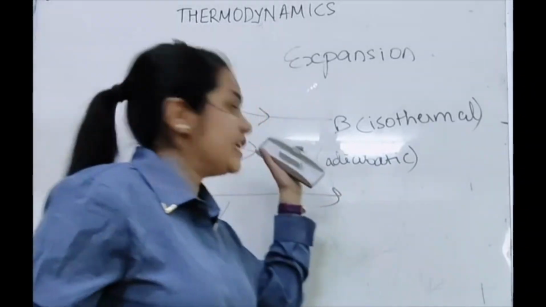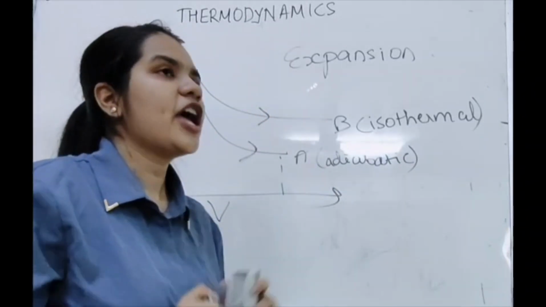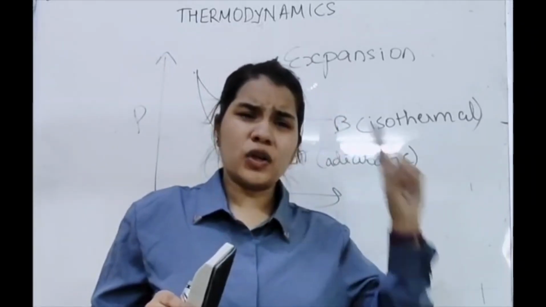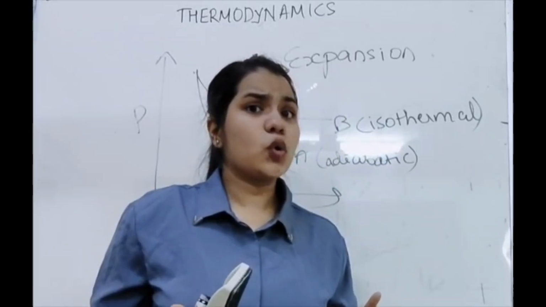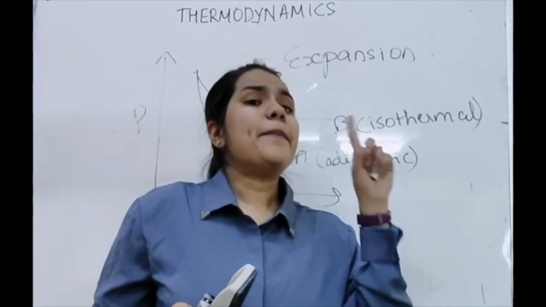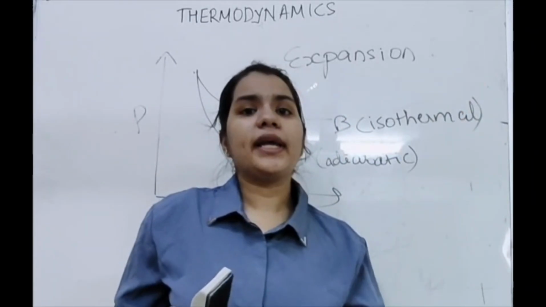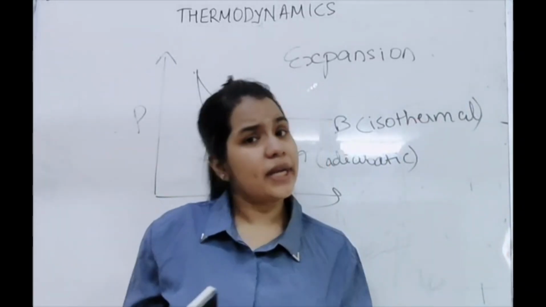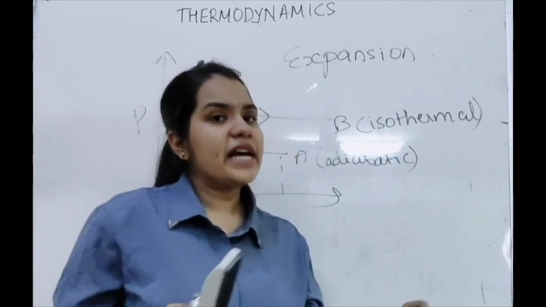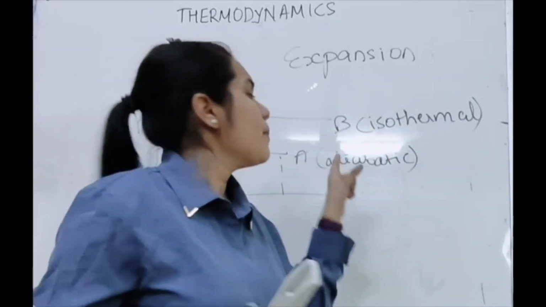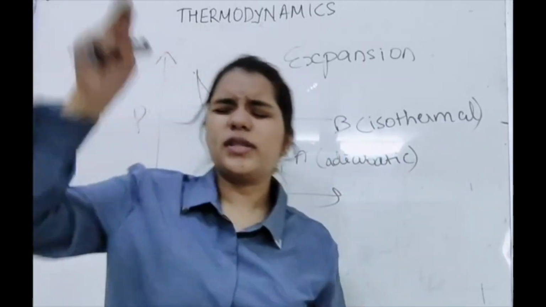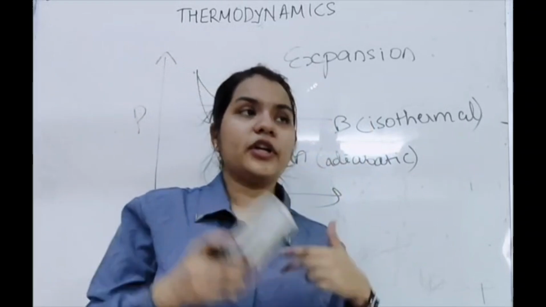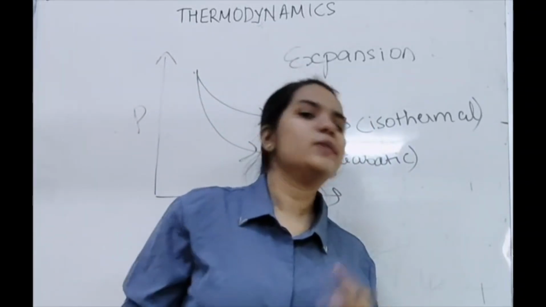For example, in adiabatic, what happens is that the temperature cools down. If temperature cools down, the pressure drops so quickly in adiabatic expansion. So if the pressure drops quickly, which has more work done? Isothermal, because in adiabatic the pressure goes down so fast. As I said, don't just assume that if a graph is steeper, it has more work done.